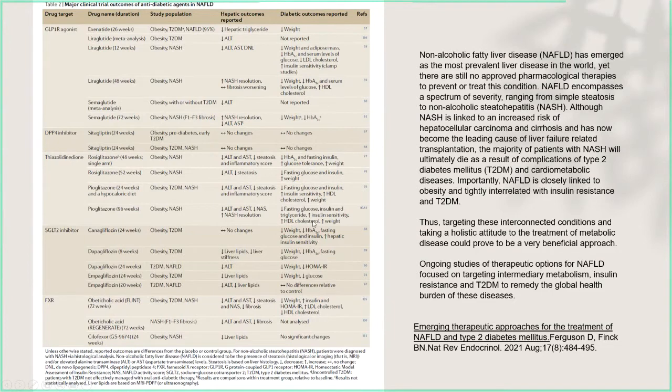And of course, one of the things about these drugs, the SGLT2 inhibitors and GLP-1 analogs, is their benefit on cardiac and renal function. So in patients with diabetes, it makes a lot of sense for us to use more of these, although cost and other factors need to be considered.